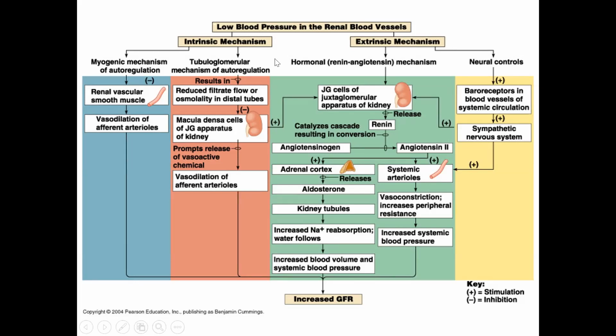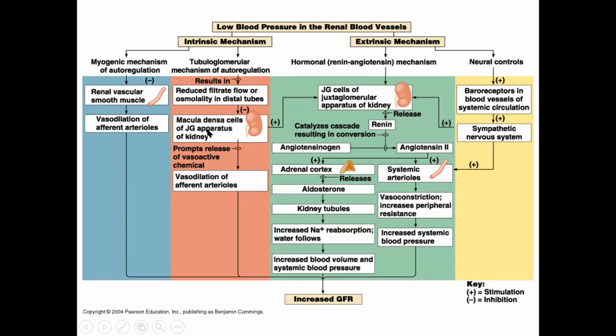Okay, let me repeat this one more time. Low blood pressure in the blood vessels means less filtrate flows through the distal tubules. This less filtrate will be sensed by macula densa cells.